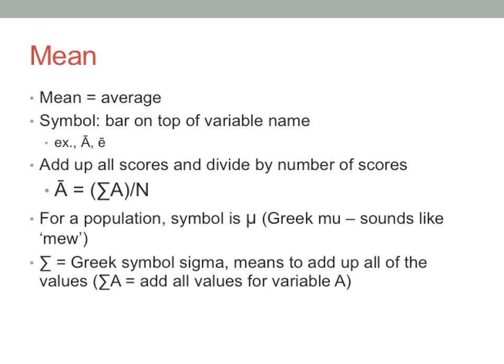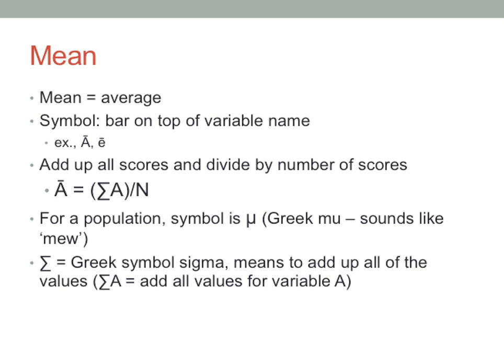This is a Greek mu right here, the one that kind of looks like an odd M, and it's pronounced mu. But we'll, again, get back to that later. And we've already talked about the Greek symbol of sigma. So in this case here on the screen, sigma A means you add up all of the values for A.